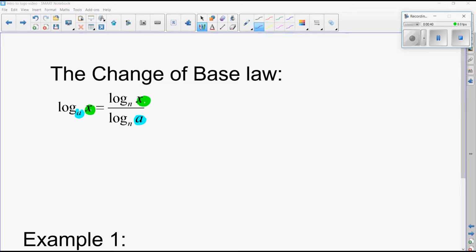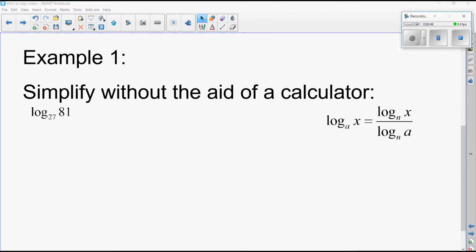Now the choice of base must be considered carefully, because the choice of base must help you to simplify a question and not complicate it further. So in example 1, I have log of 81 to the base 27, and I'm asked to simplify this without a calculator. So this is a good question to apply the change of base law. Now, what will the choice of base be?